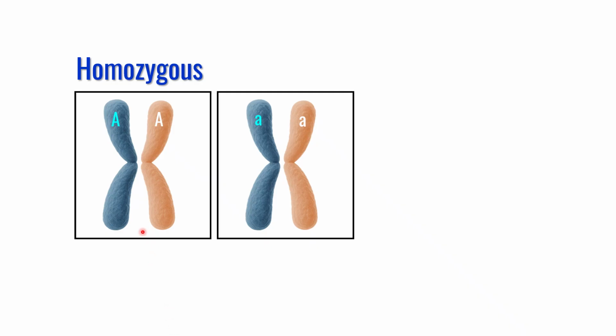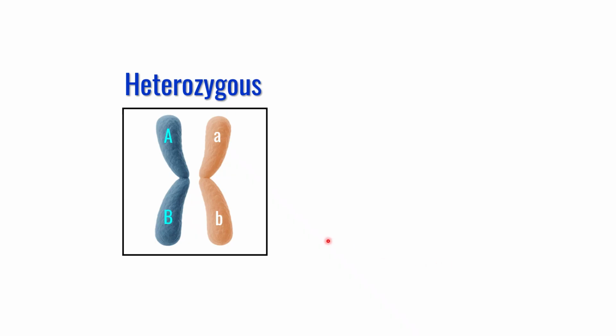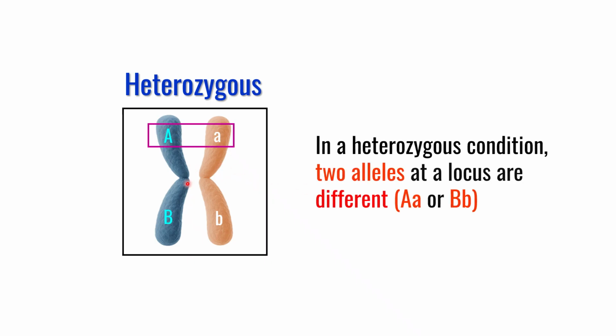When the allele pair in a homologous chromosome at a given locus is identical, dominant-dominant or recessive-recessive, that condition is known as homozygous. On the other hand, when the allelic forms of a gene at a given locus are different, one is dominant, the other is recessive, that condition is known as heterozygous or hybrid.